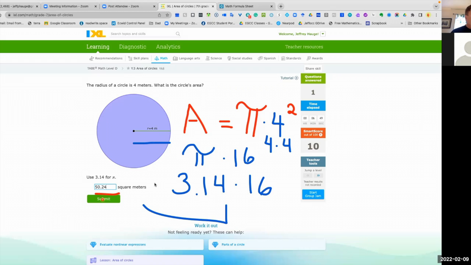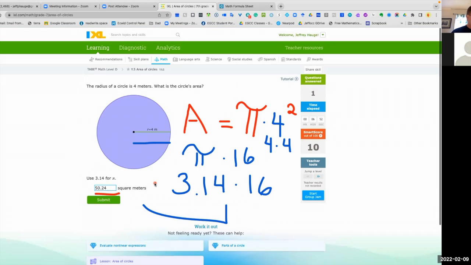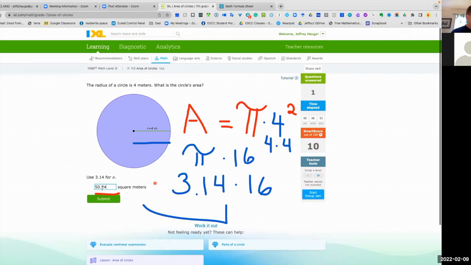Now it'll say awesome, it'll say good job, but they'll probably take away the picture of the circle. They'll probably change the wording. They'll probably only give us the diameter. And then there's one last thing that they will do for sure, and that is instead of giving us the string and asking us what the area is, they'll turn it backwards and give us the area and make us work back to what is the string.